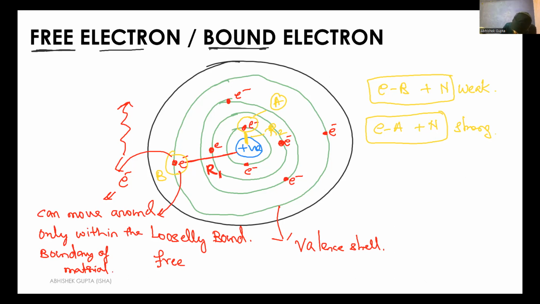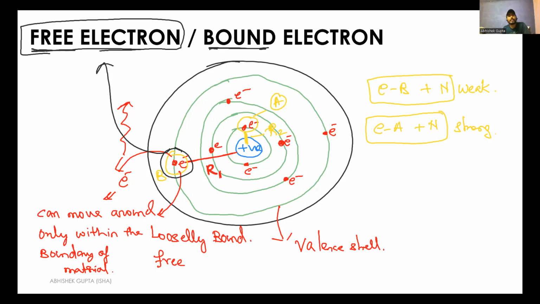These electrons in the outermost shell are termed free electrons. Whereas the electrons very close to the nucleus, where the electrostatic force is much stronger, cannot move out of the valence shell, and such electrons are called bound electrons.